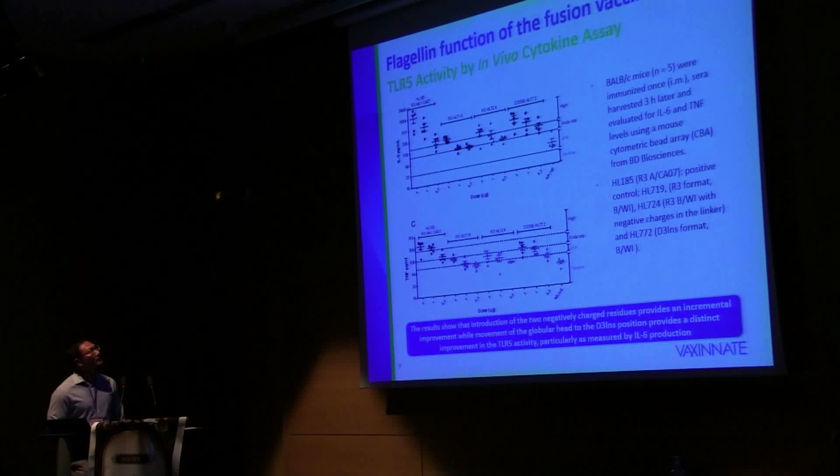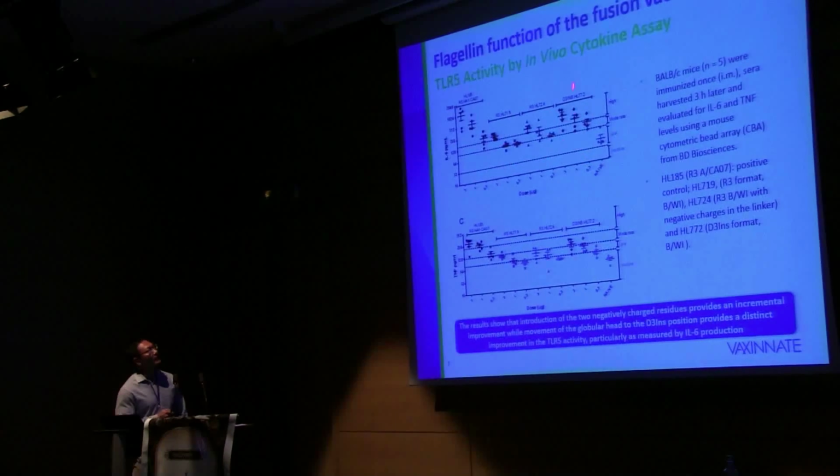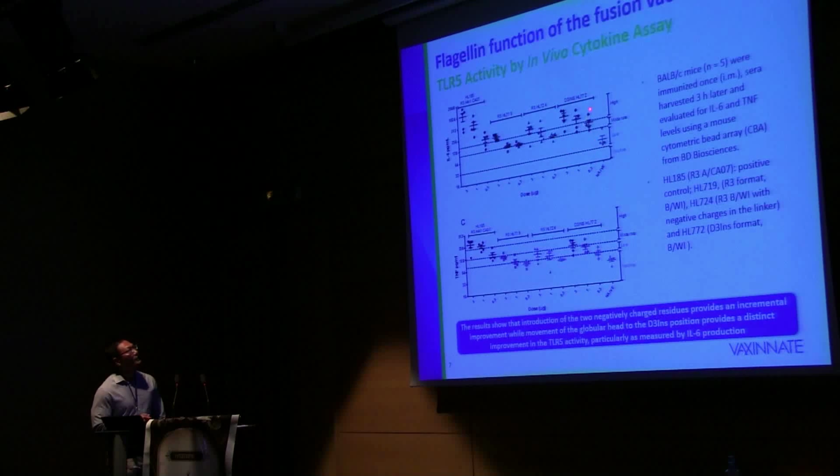In order to test the flagellin function in the fusion protein, we used an in vivo cytokine assay to assess TLR5 activity. Basically, groups of 5 Balb/c mice were immunized intramuscularly with vaccine, and 3 hours later the cytokine levels, IL-6 and TNF, were measured using the CBA assay.